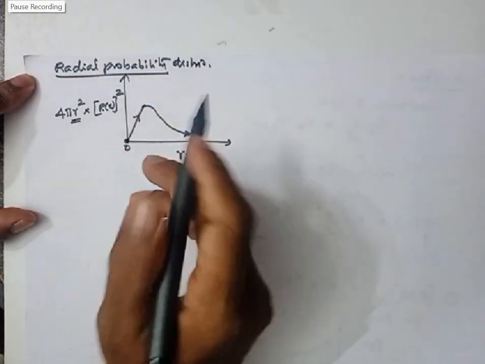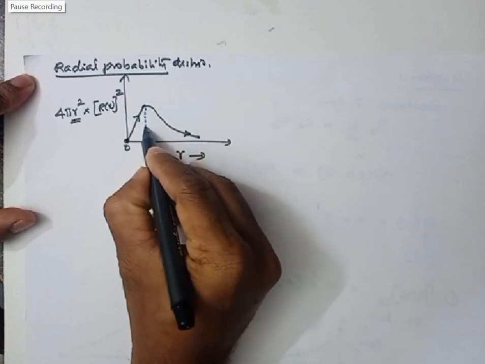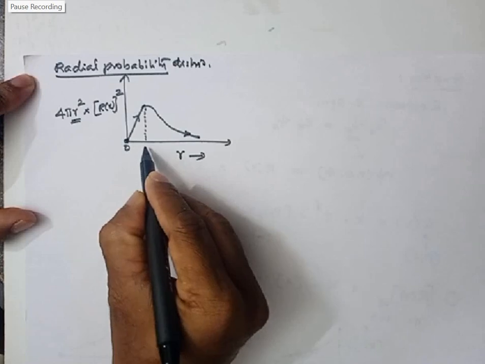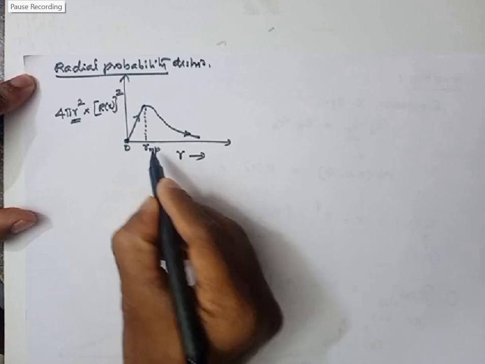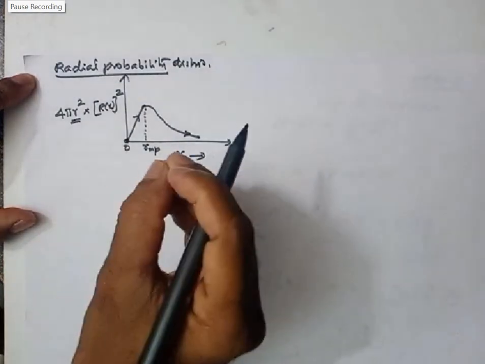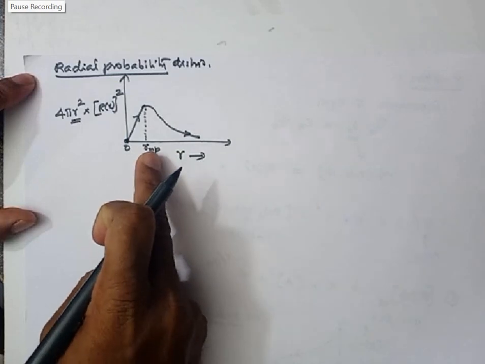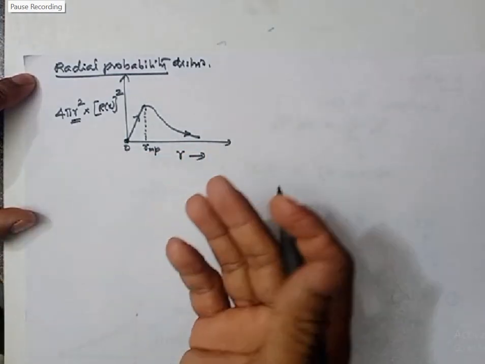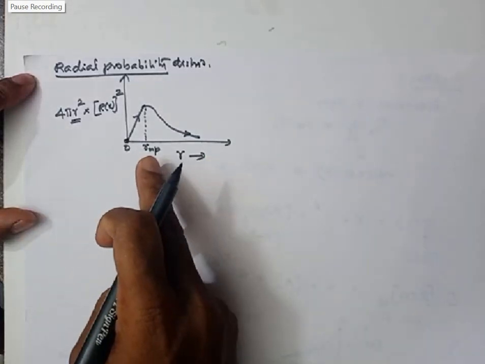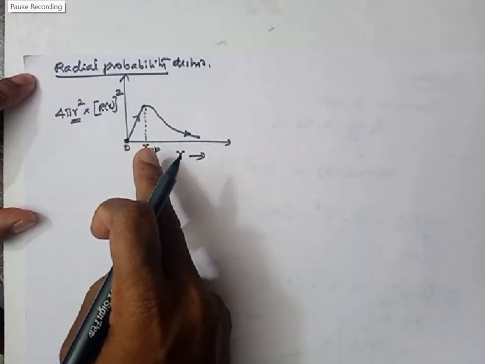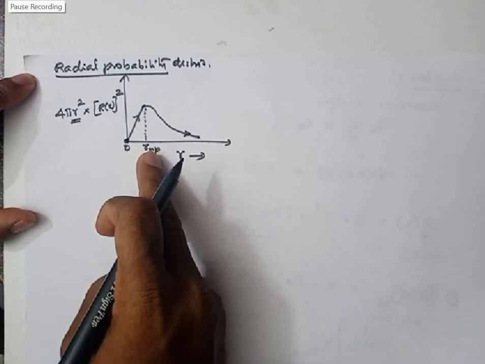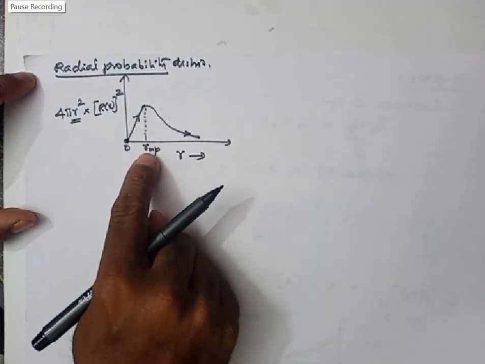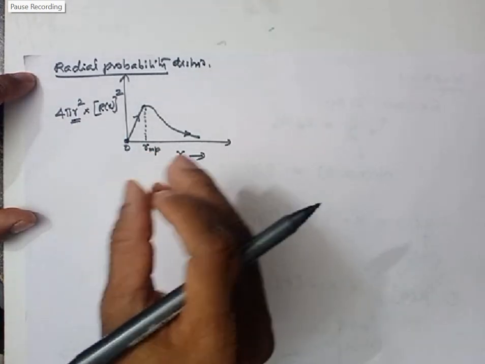What does this indicate? It indicates that probability is maximum not at the nucleus, but at some other place. We call this r MP. What is r MP? It is the most probable distance of the electron, the distance away from the nucleus where the probability of finding the electron is maximum.